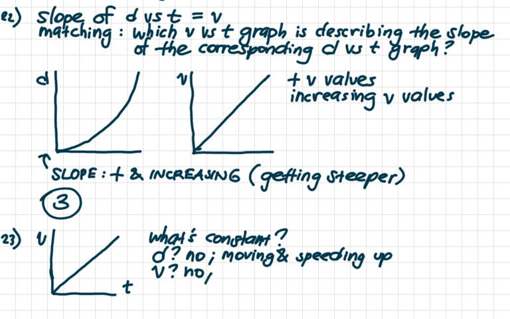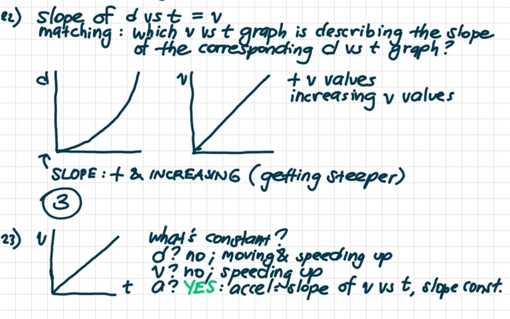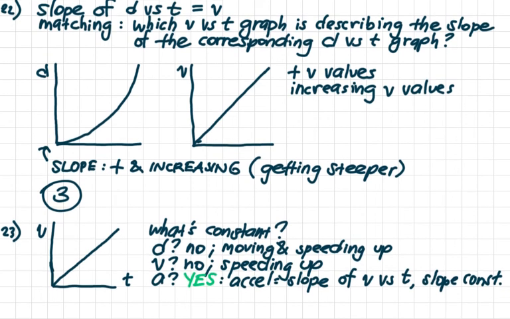The values are increasing. So that only leaves us with acceleration. The acceleration is going to be constant here, because the slope of a v versus t graph is acceleration, and this slope is constant. So 23 is choice 3.